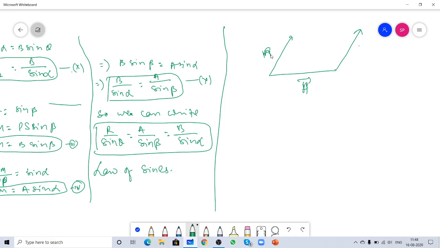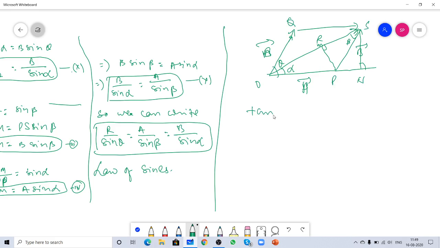Now this is the parallelogram, this is your resultant, this is your alpha, this is your beta angle, and the total angle is theta. Now we have extended this and drawn a perpendicular, and here also we have drawn a perpendicular. This is M, and I have written O, P, M, S, Q.